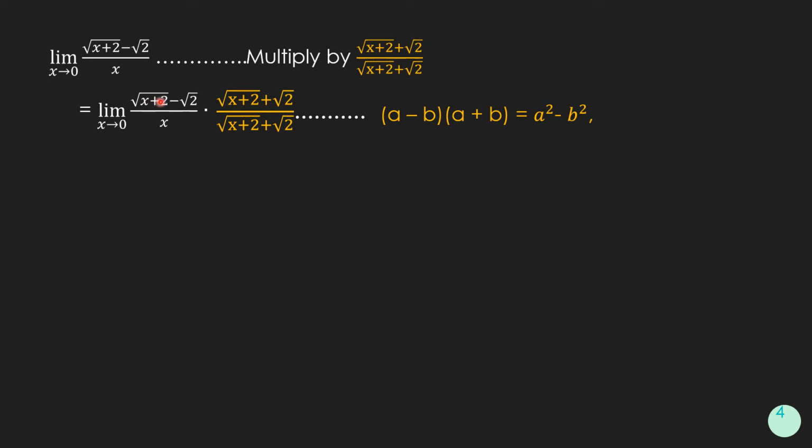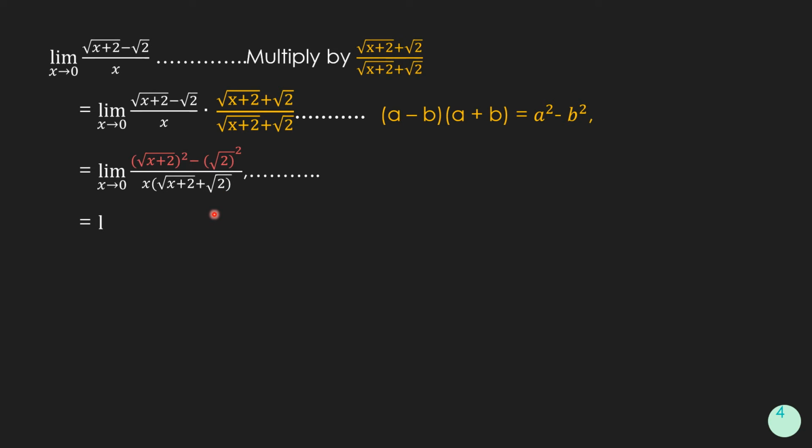So this is a minus b multiplied by a plus b. So its product will be root x plus 2 whole square minus root 2 square divided by x multiplied by root x plus 2 plus root 2.